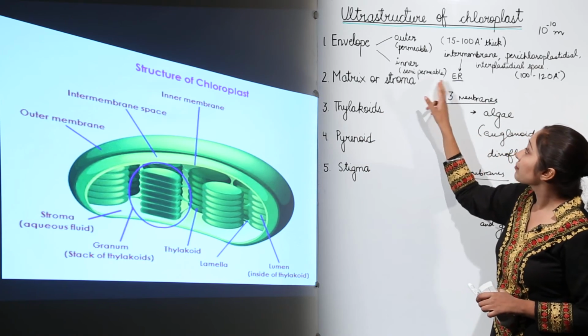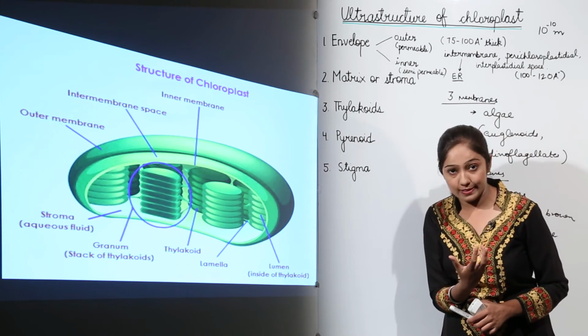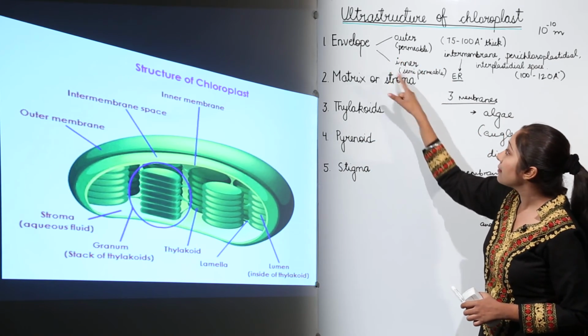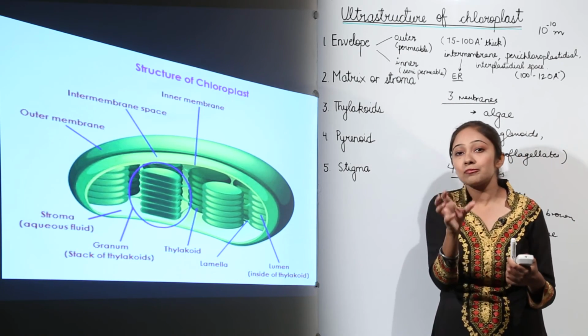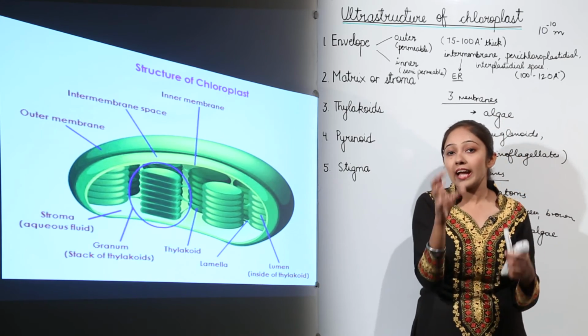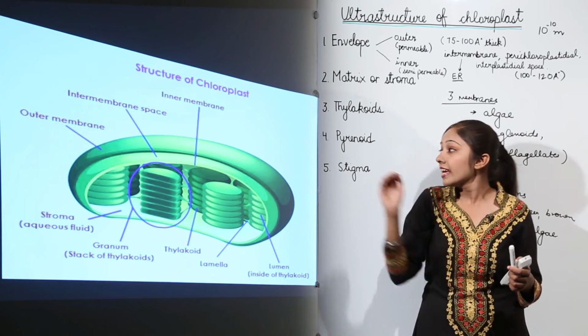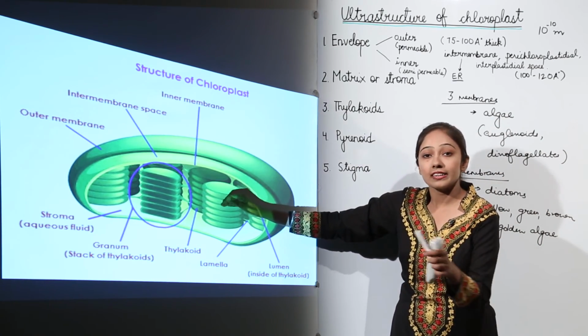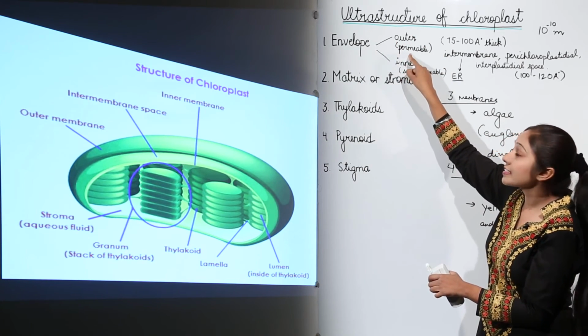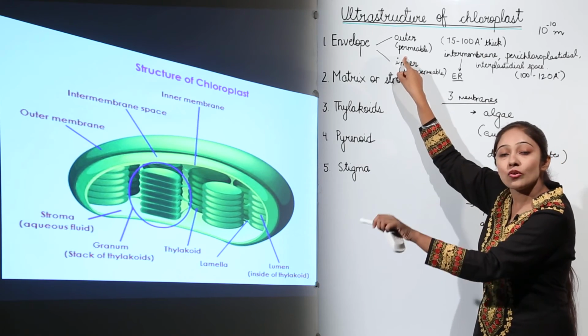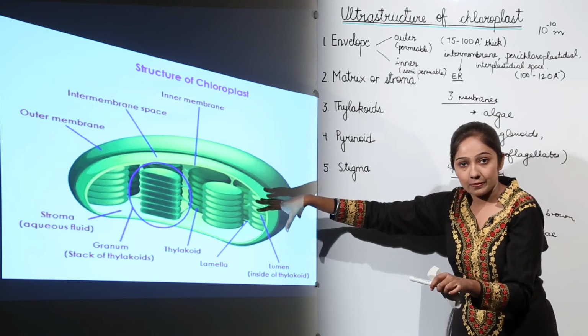So, that is why there are some carrier proteins. Okay. In the inner membrane, there are some carrier proteins. These carrier proteins are going to carry those selected materials inside this organelle, that is this chloroplast. Since the outer membrane is permeable, it allows everything to come inside.